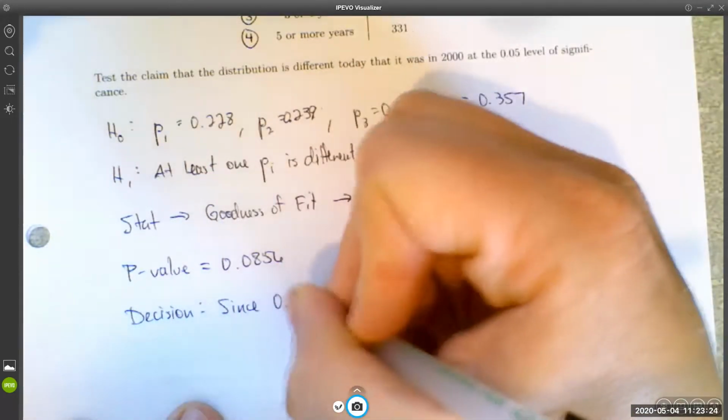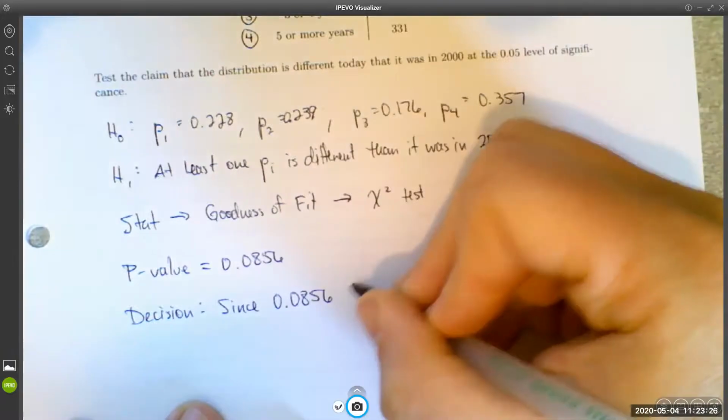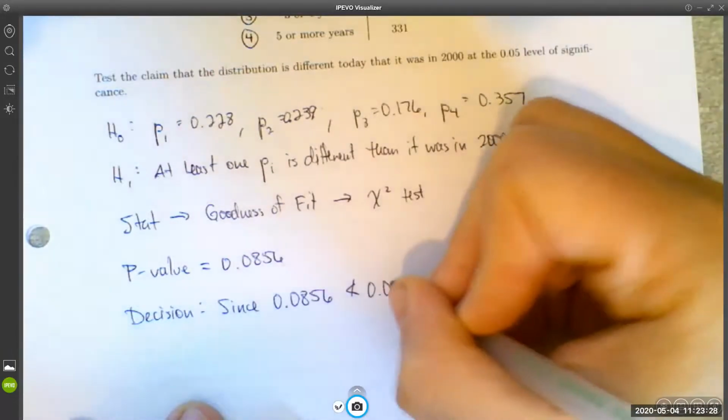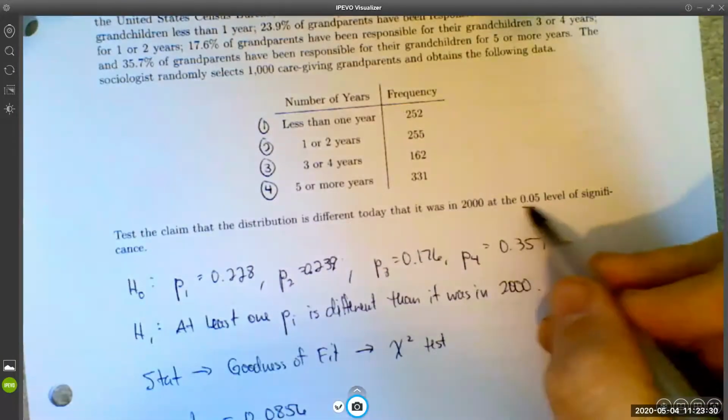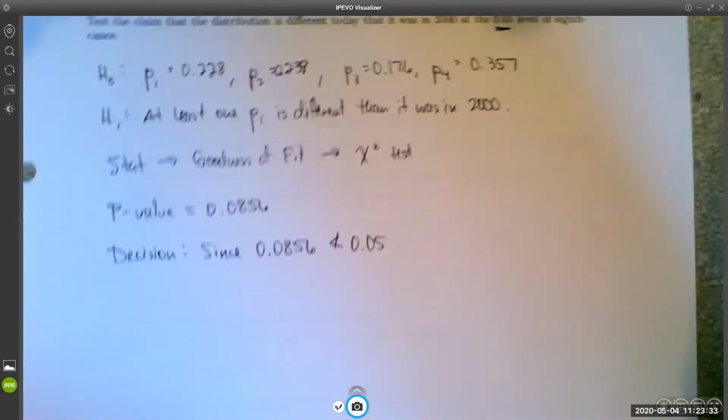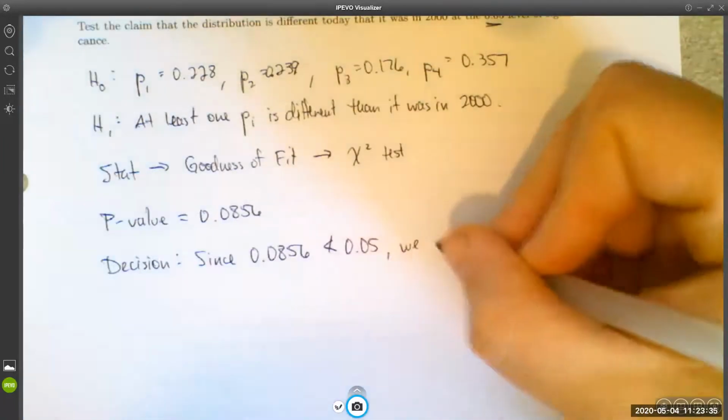Since 0.0856 is not less than our level of significance, we were supposed to test at the 0.05 level of significance, we do not reject.